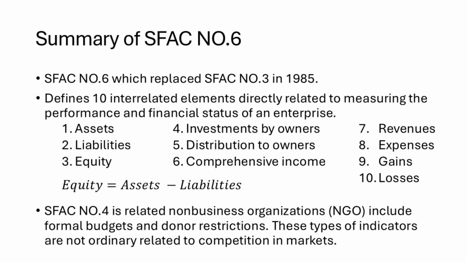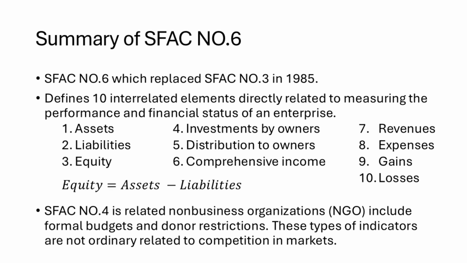The 10 elements are defined as follows. We talk about assets, liabilities, and equity, and we know equity is equal to assets minus liabilities. Number four is investment by owners, five is distribution to owners, six is comprehensive income, seven is revenues, eight is expenses, nine is gains, and ten is losses.